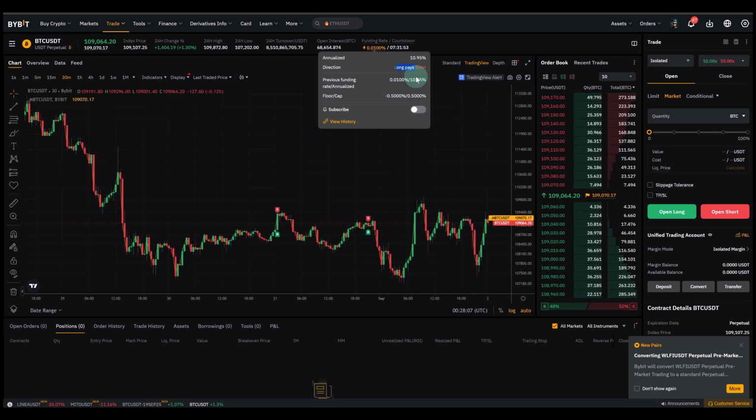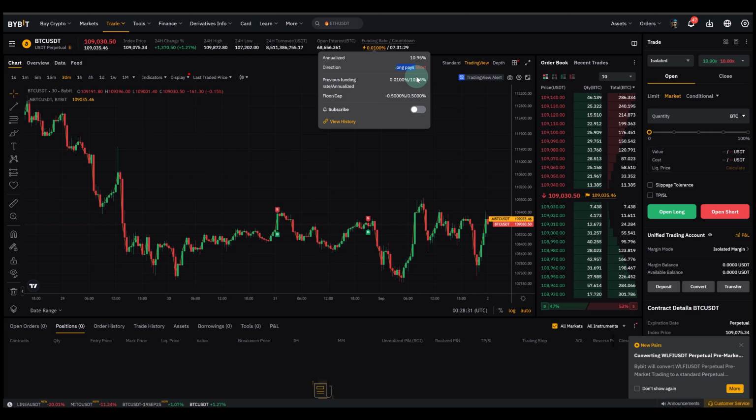So if you're in a trade at one of these times, you will either pay or receive the funding fee depending on the side you're on and whether the rate is positive or negative. It's just important that if you close your trade before the funding time, you won't be affected. Funding only applies if you're still holding the position when the timer hits.